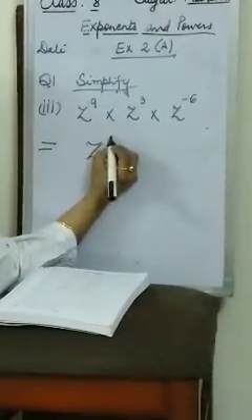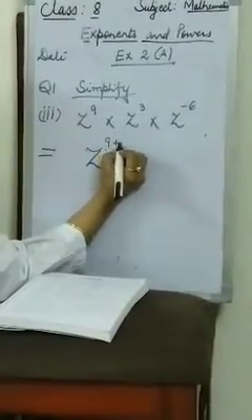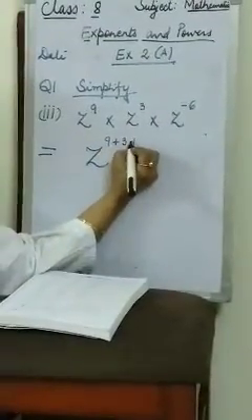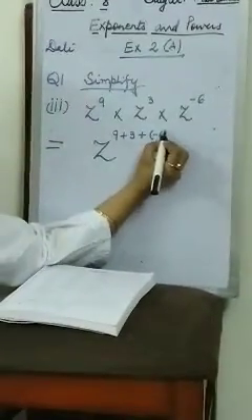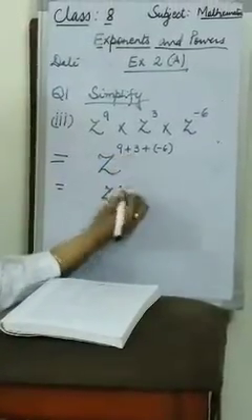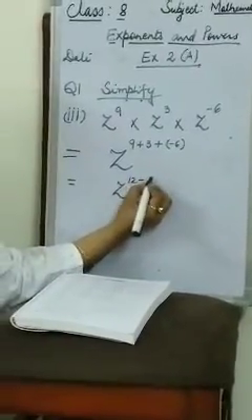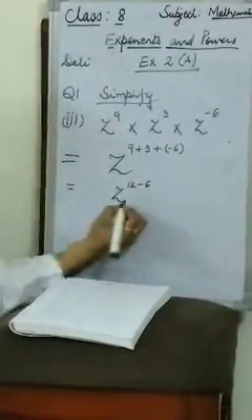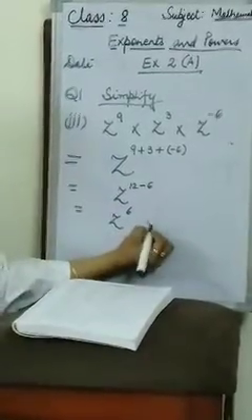So we write z to the power 9 plus 3 plus, a negative number always to be written in a bracket, so I write it (minus 6). Plus will be added, 9 plus 3 becomes 12, plus minus will become minus, 12 minus 6, that is z to the power 6. This is the answer.